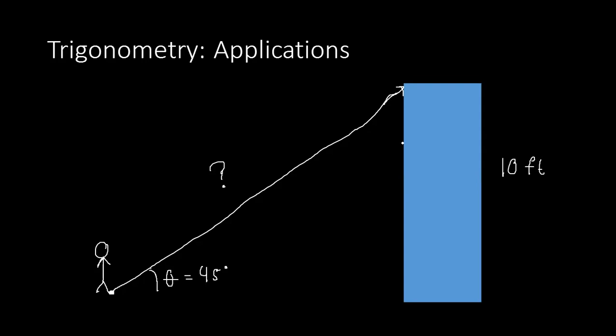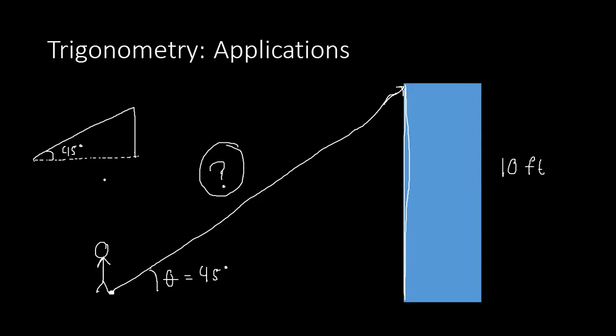But how though? You only have this side, the height of the building, and the side that you need to find. So if you draw that in a different way, you have this, and then you have a given angle of 45 degrees. Here, we can now safely assume that you're forming a triangle.